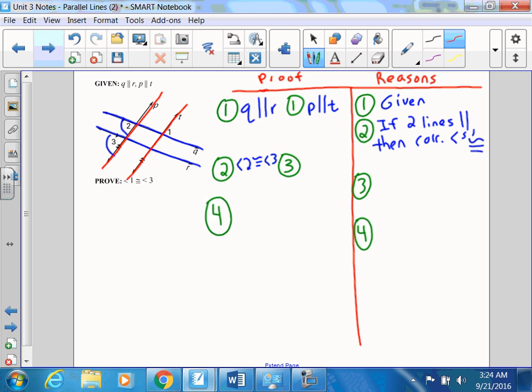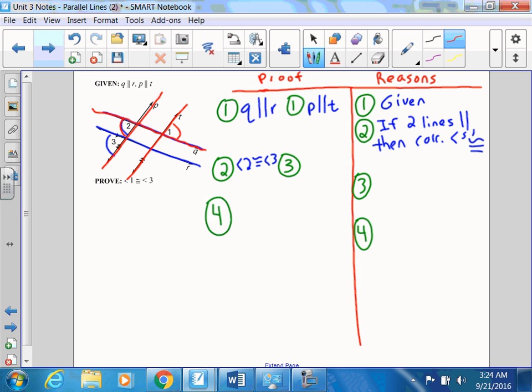Is there a transversal line that crosses through line P and T, well, that would be this line right here. That's line Q. What two angles are located on line Q? And then we're going to use P and T as my parallel lines. That would be angle 1 and angle 2. So angle 1 would be congruent to angle 2.